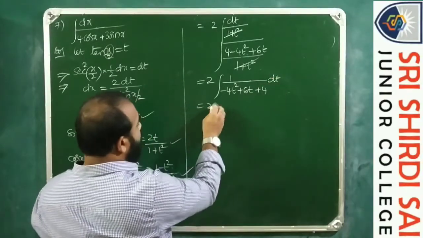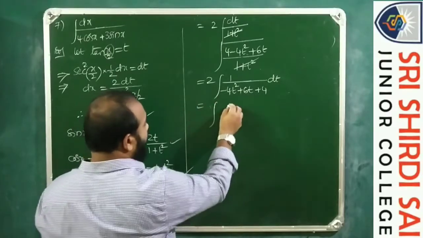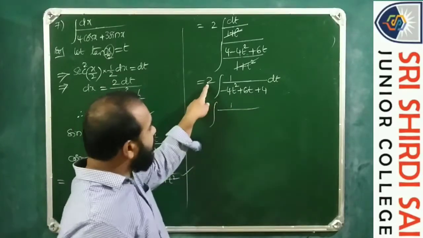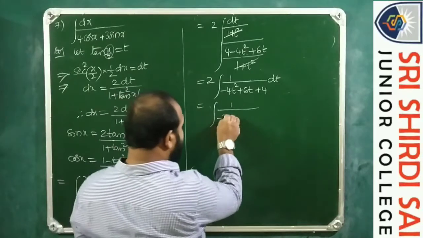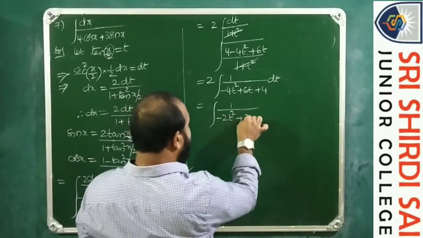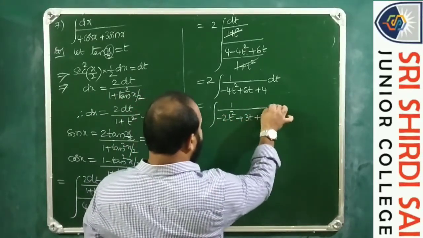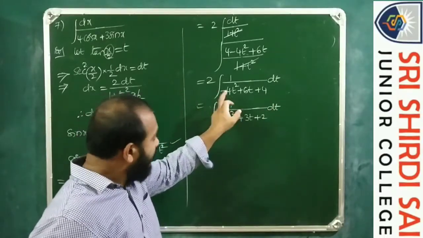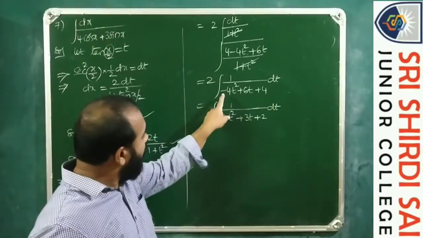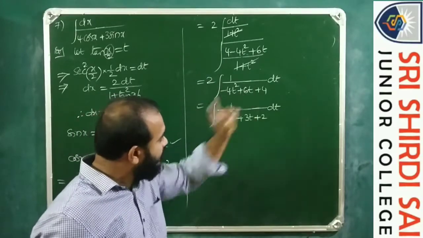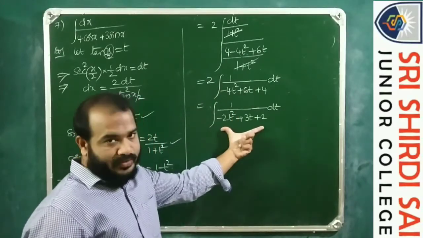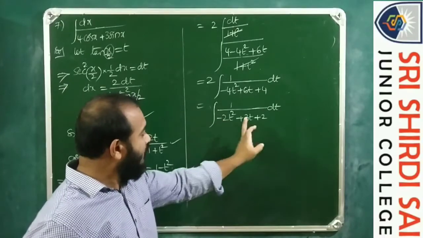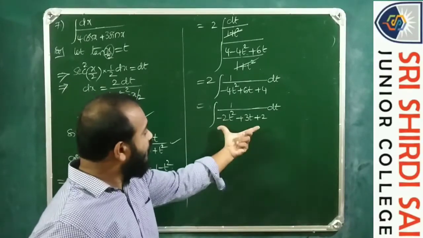So 2, this is 1 by, if you cancel 2 here, then we'll get minus 2t square plus 3t plus 2 dt. Taking 2 as a common here, that 2 and this 2 gets cancelled, we are left with minus 2t square plus 3t plus 2. This is a pure quadratic expression, of the form ax square plus bx plus c. So we have to complete the square.